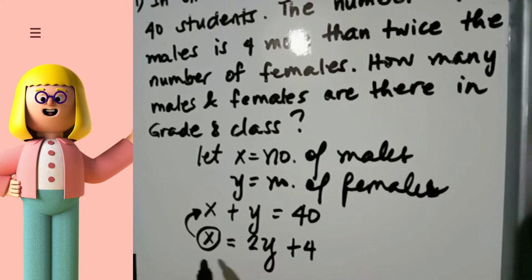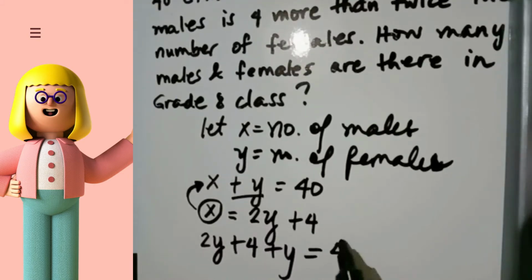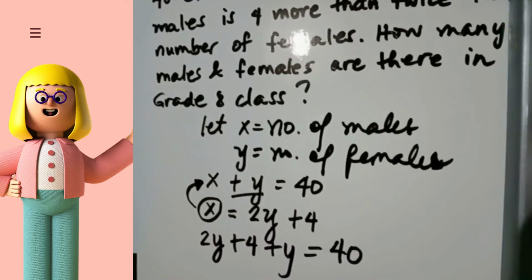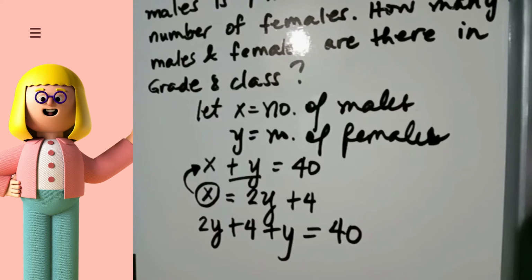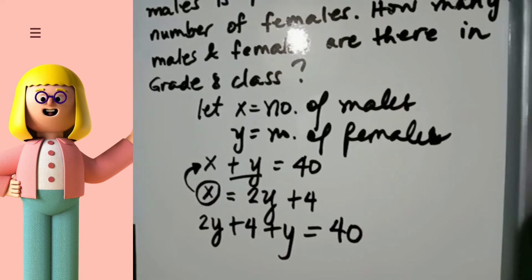So we can substitute that, and then we have 2y plus 4 as the value of your x, plus y, which is equal to 40.